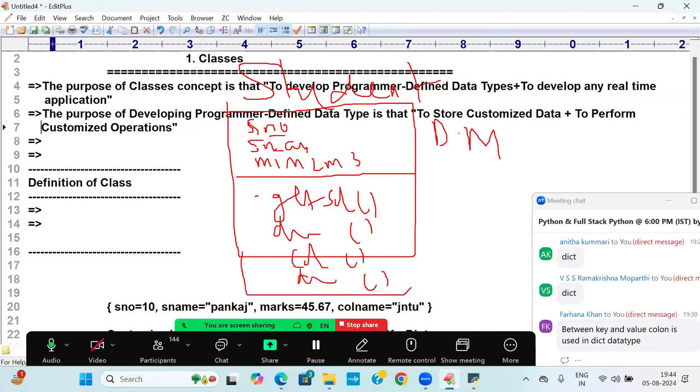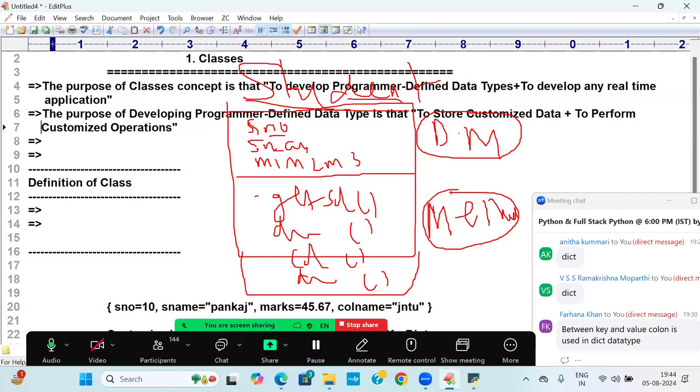Like that, I have my own functions in the class. What are these called? Functions. In OOPS, functions are called methods. What is a class? A class is a collection of data members and methods.